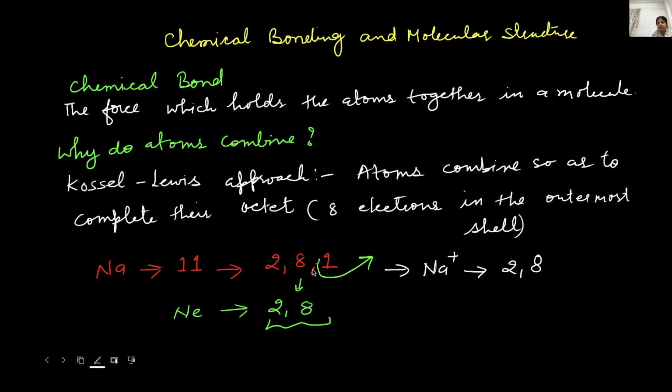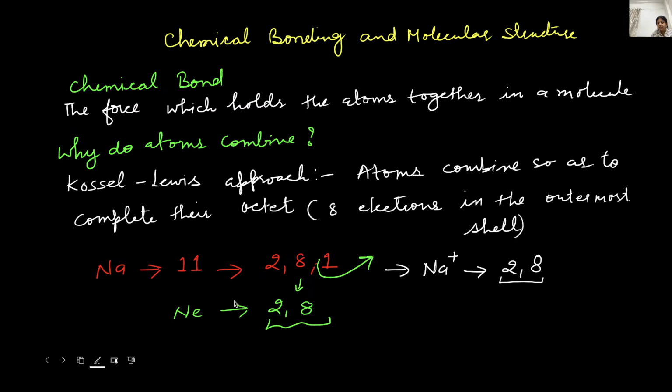The electronic configuration of sodium atom is 2, 8, 1. This one extra electron can be lost by sodium atom in order to convert the sodium atom into sodium ion. So the electronic configuration becomes 2, 8, and this is the stable inert gas configuration like that of neon.